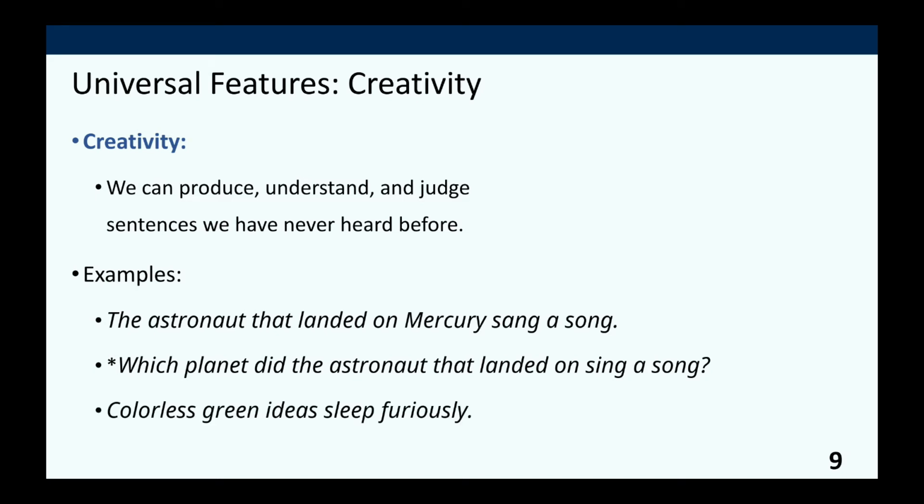Even more so, we can make sentences that don't even make sense and you can understand. For example, the famous sentence, "Colorless green ideas sleep furiously," doesn't inherently make much sense, doesn't have any inherently apparent meaning. But it is apparent to any English speaker that that sentence is a valid grammatical sentence of English.